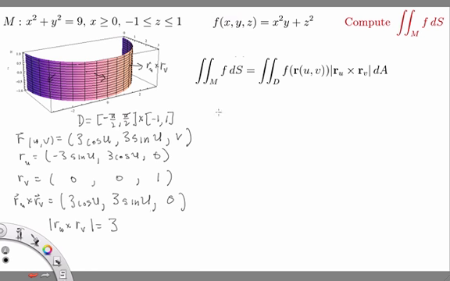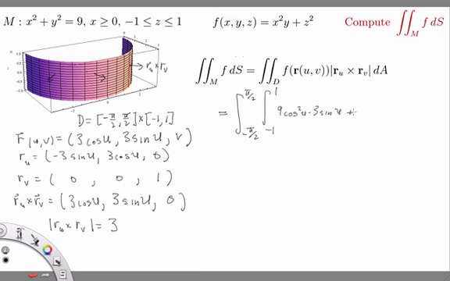Okay, so now we're ready to rewrite this integral. So we have the integral, where u goes from negative pi over 2 to pi over 2, and v goes from negative 1 to 1. Now f of r of u, v means plug in these formulas for x, y, and z right here. So x equals 3 cosine u, so I get 9 cosine squared u, that's x squared, and then times y, which is times 3 sine u.